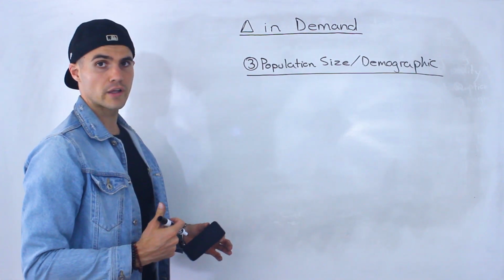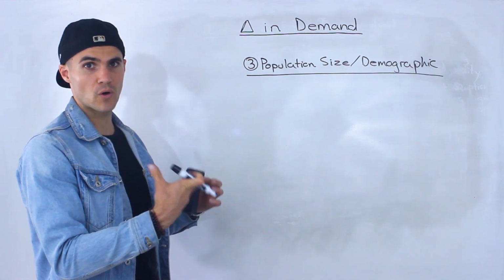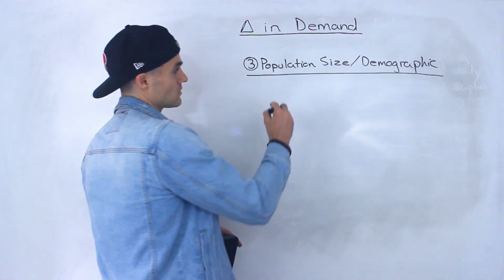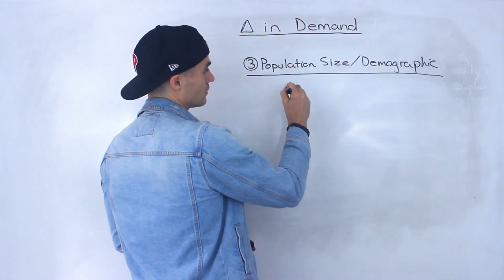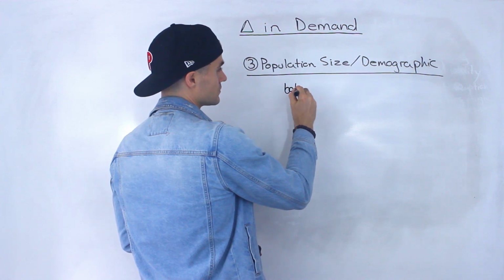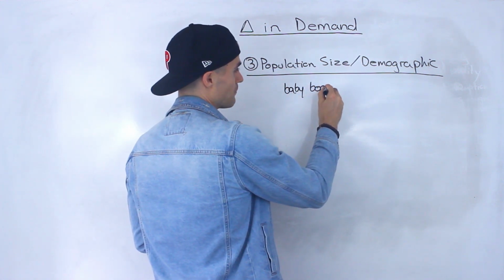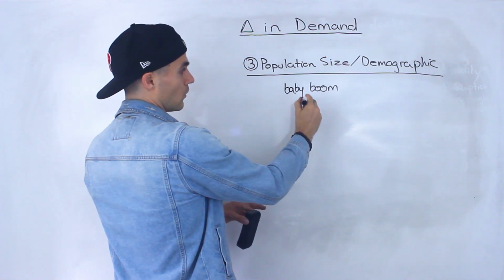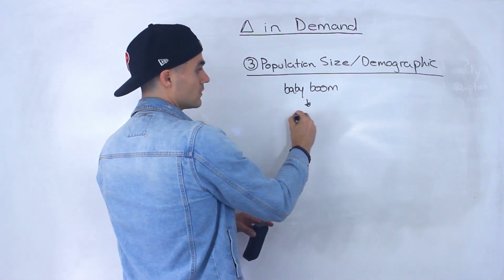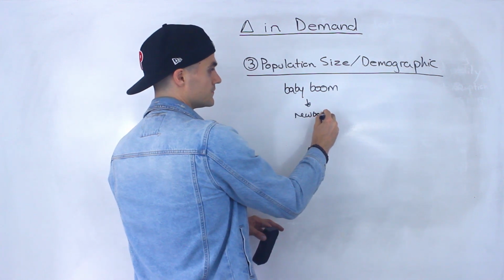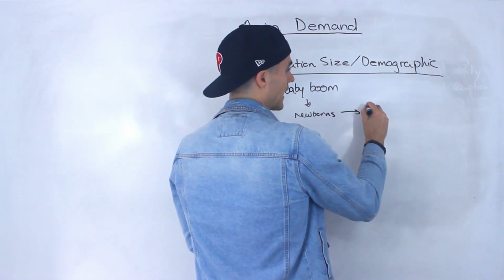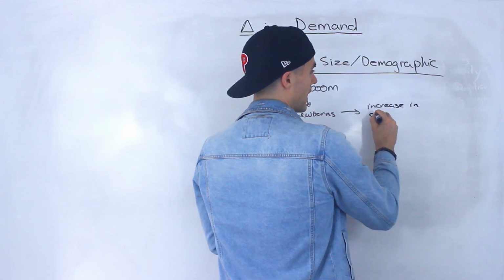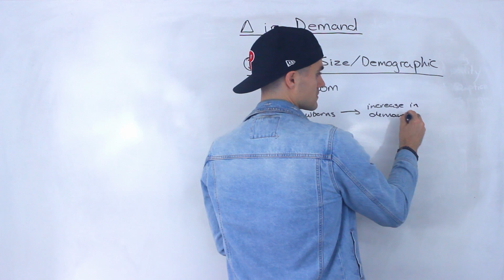Now, the third factor we'll look at is the population size or demographic. And so this you got to look at on a case-by-case basis. So let's say, for example, that you're looking at baby boomers. You're looking at that period of time when there was that baby boom. Well, when they were first born, when they were newborns, there was probably an increase in demand for baby products.